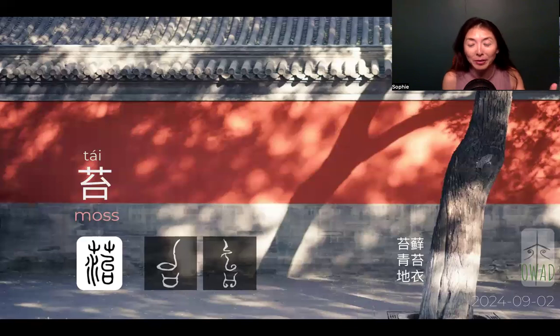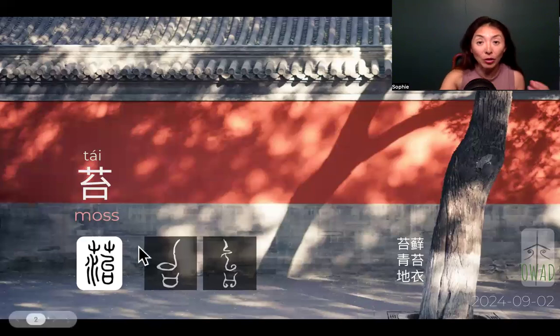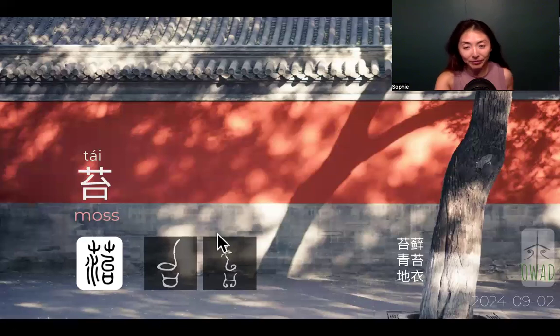I'm not sure in ancient times people actually scraped off moss and ate that. So between the two versions, one is soup drinking, the other is elevated ground for shelter building. That ground paired with the plant symbol is more likely, because it describes a kind of man-made flat surface, elevated, with plants growing on top of it. So that's more like the moss that we know.